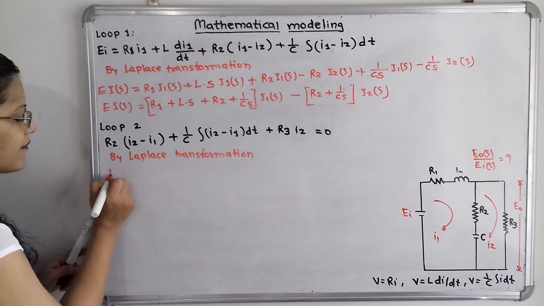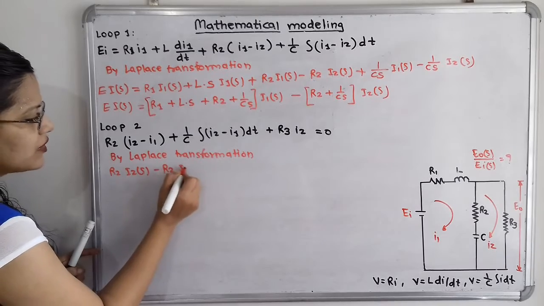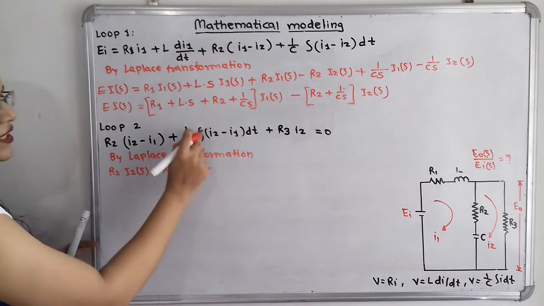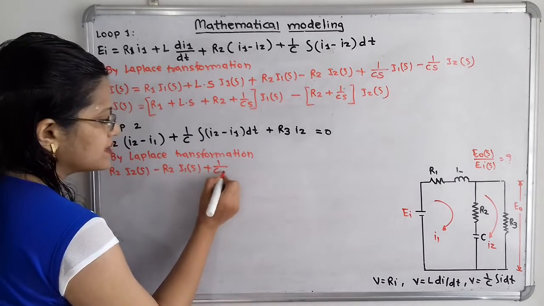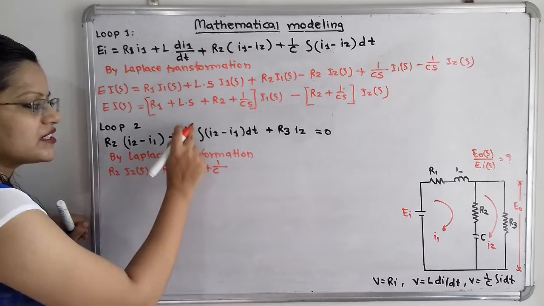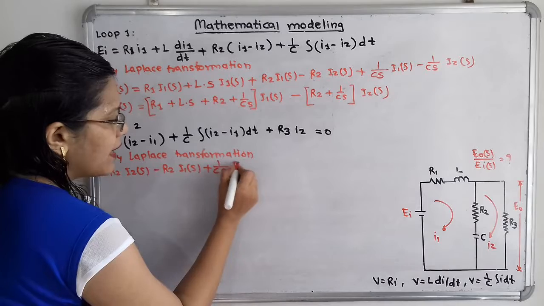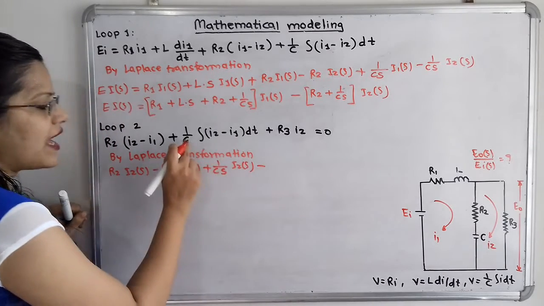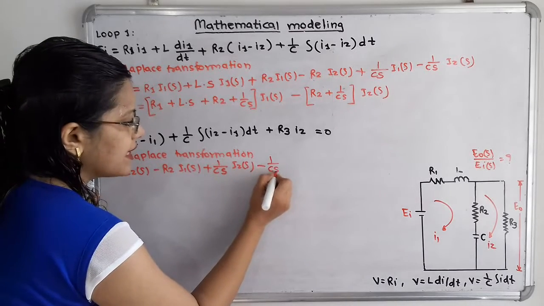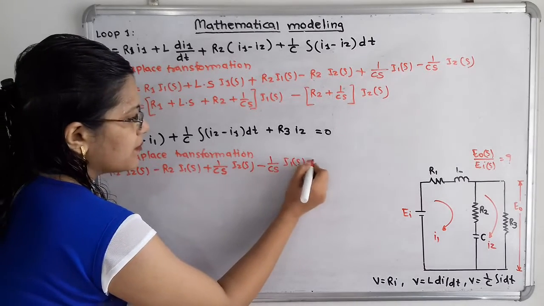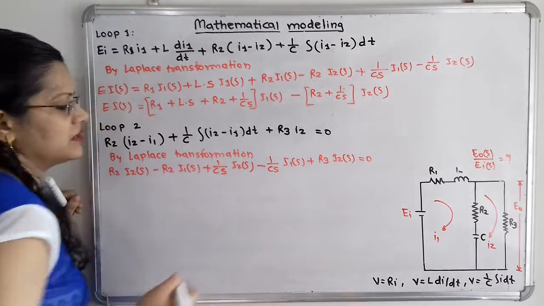So here simply I will write R2 I2 of S minus R2 I1 of S plus. Now we have to cancel this integration, so I will take 1 by Cs. To cancel this integration, I have to multiply with 1 by S. So 1 by Cs I2 of S minus, I will multiply this 1 by C inside the bracket, minus 1 by Cs I1 of S plus R3 I2 of S is equal to 0.